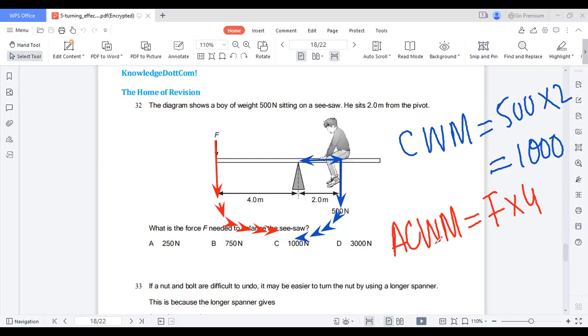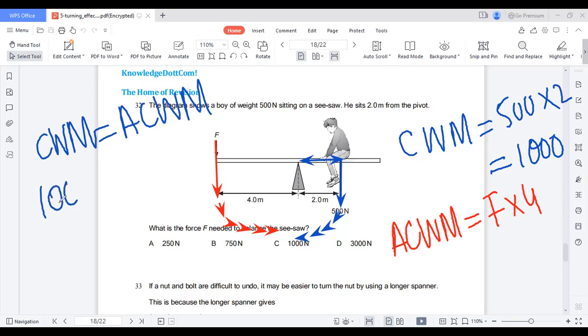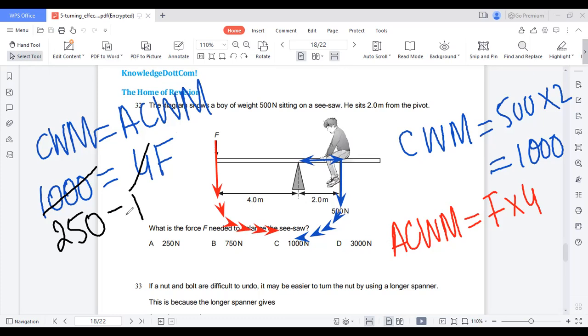We know that when it is balanced, the clockwise and anti-clockwise movements are equal. So the clockwise movement is 1000 and the anti-clockwise movement is F times 4. So the force is 250 Newtons. So yes, the option is this one.